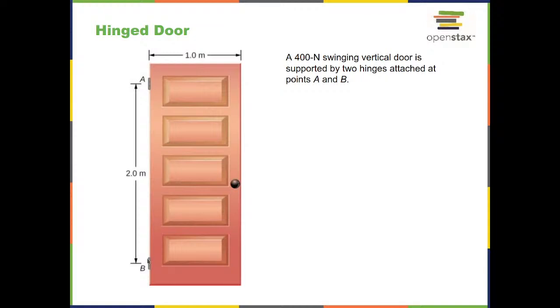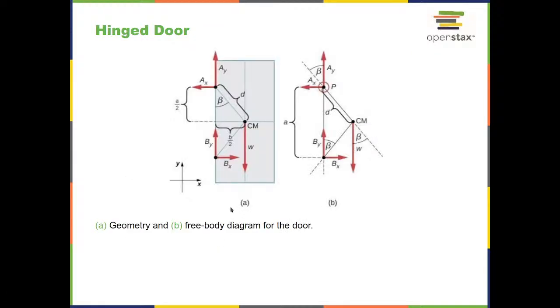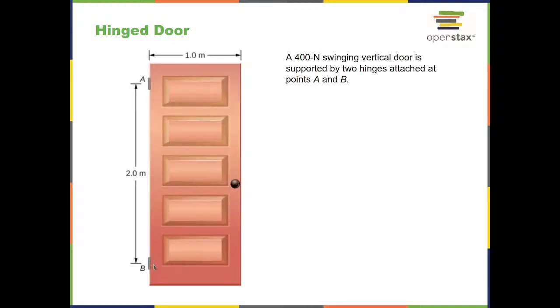In this case, at point B, it's going to be pushing the door away from the wall to counteract the negative torque of the force of gravity, the weight of the door, with a positive torque due to the force from the hinges.